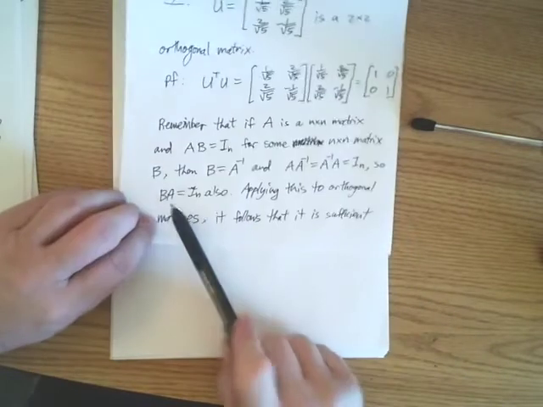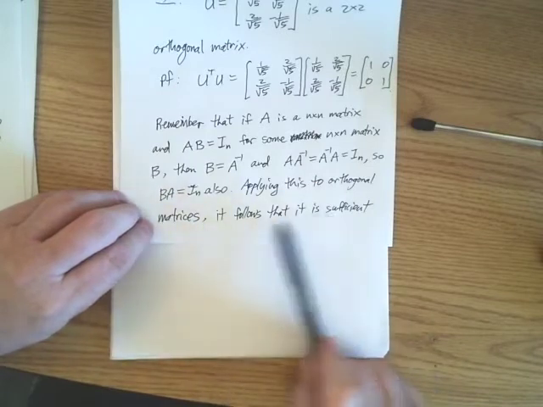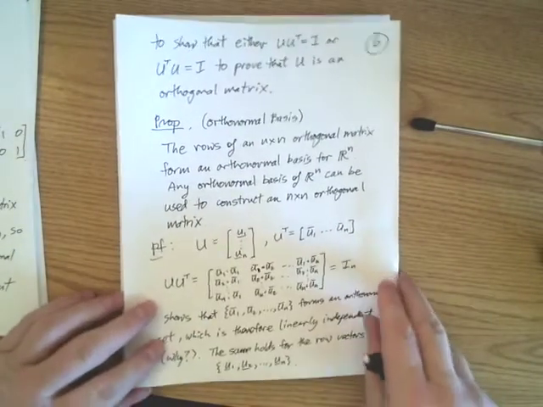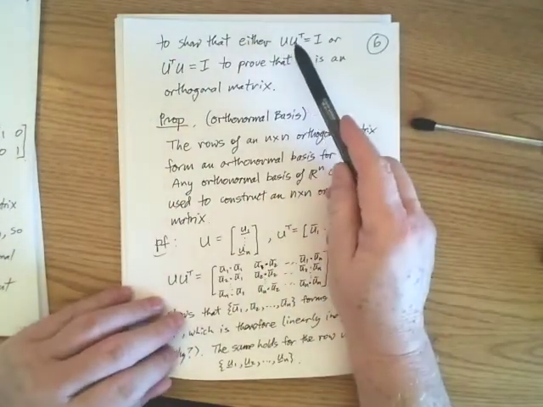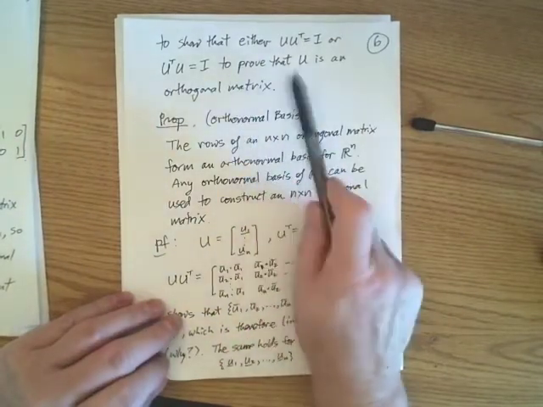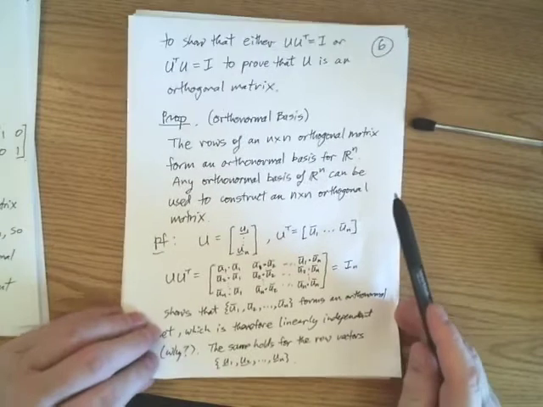That would mean BA equals I sub n also. Applying this to orthogonal matrices, it follows that it's sufficient to show either U transpose U is I or vice versa, just to prove that it's orthogonal. So we're almost done here.